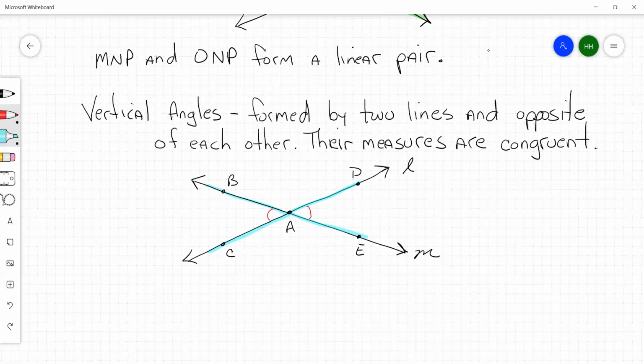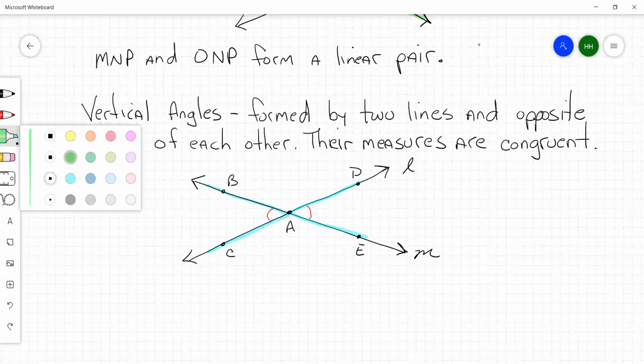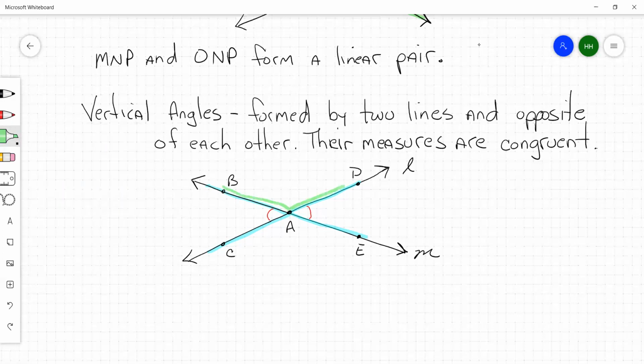The other pair in this picture, BAD and CAE, are the other pair of vertical angles.